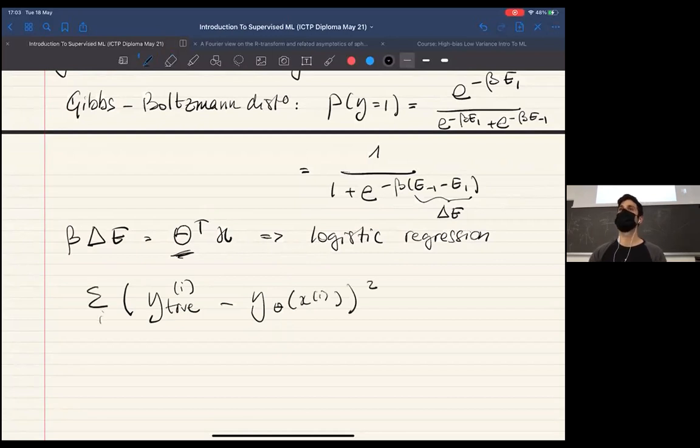We were minimizing this kind of cost function. And this makes sense. Why? Because your model is outputting a number which has the same alphabet as the actual labels you're trying to predict. While the model that we define now outputs a probability, a number between 0 and 1, while what we want to predict at the end are binary labels. So we cannot write that. It makes no sense. We have to do something else.